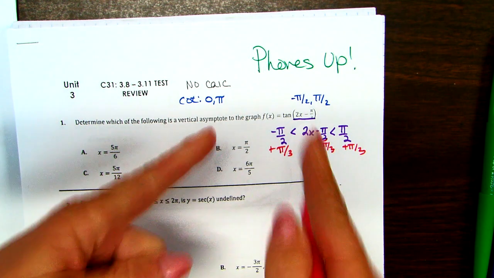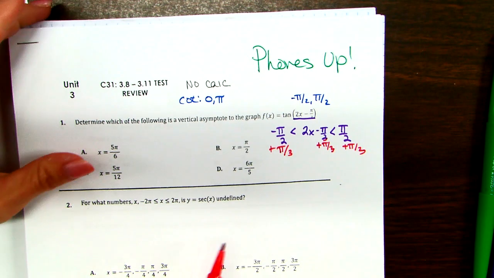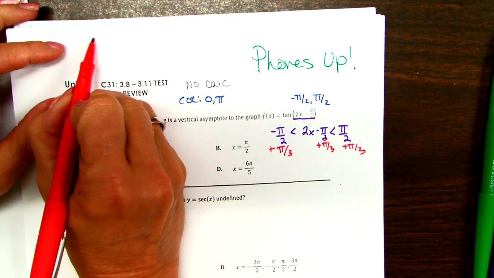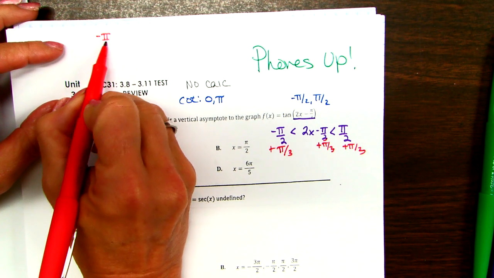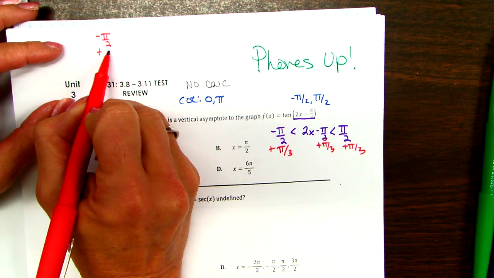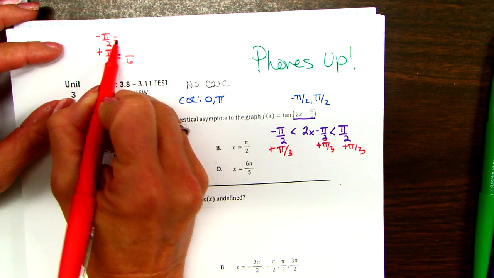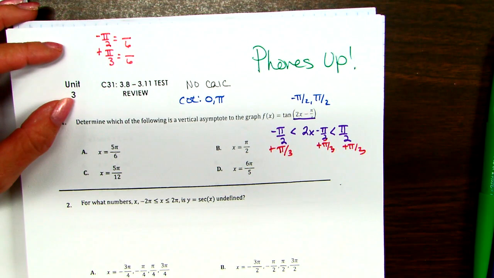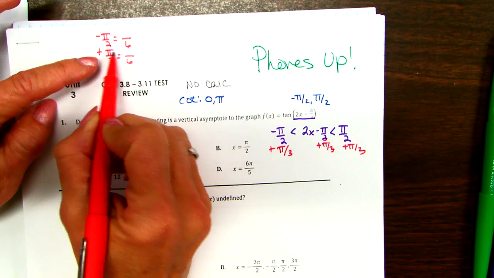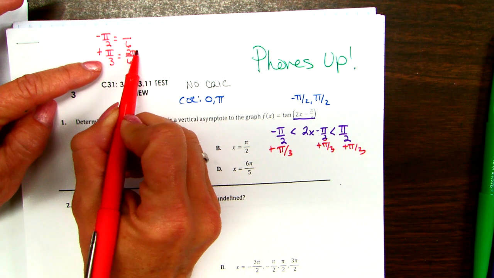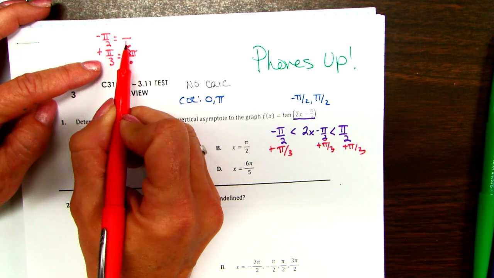Since they're different denominators, I'm going to find some space to do common denominator work. So I have pi over 2 plus pi over 3. Common denominator would be 6. 3 times 2 is 6. Pi times 2 is 2 pi. 2 times 3 is 6.